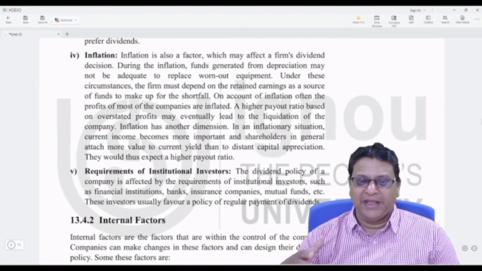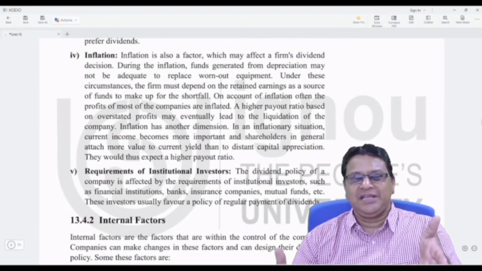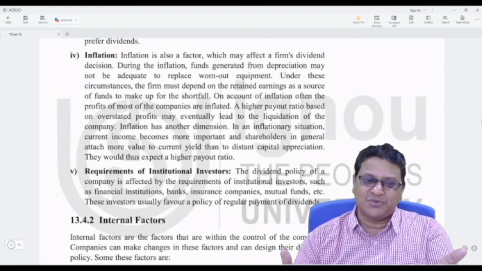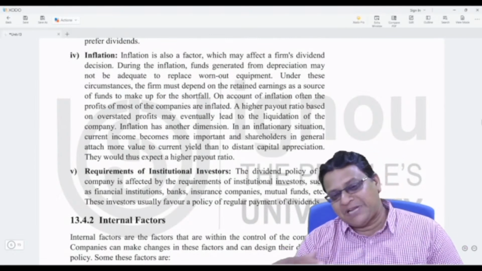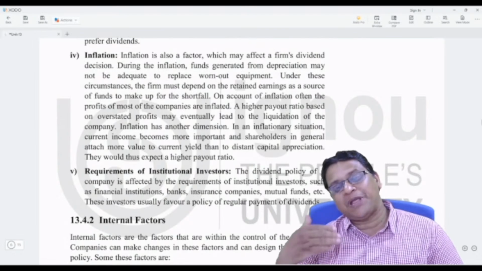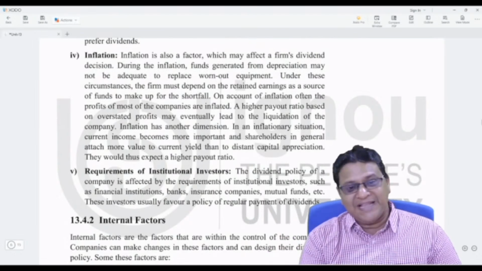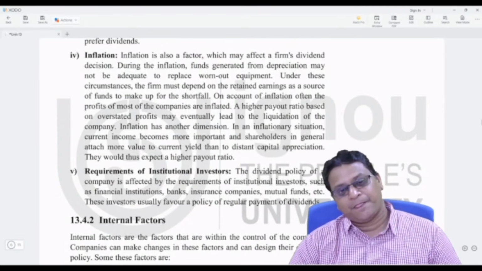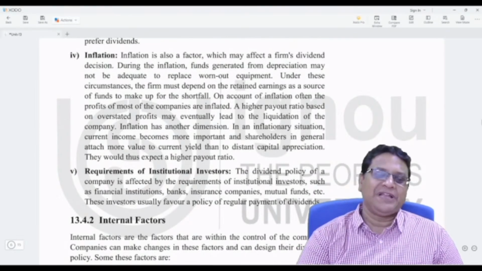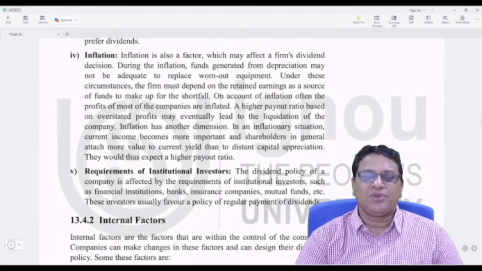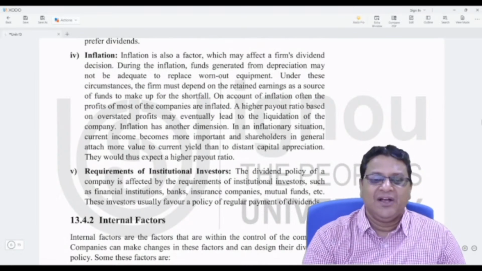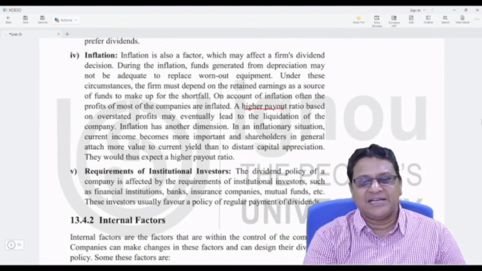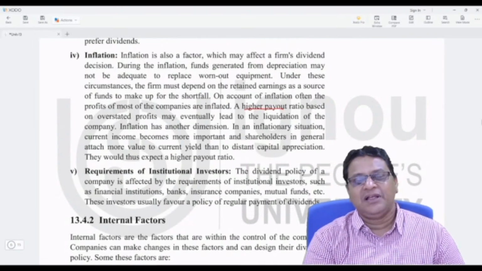In order to equate the stable amount of dividend which you paid when 5% inflation was there, when 15% inflation is there, you have to pay more dividend to equalize the dividend in different periods. So, at the time of inflation, a higher dividend payout ratio is to be made.